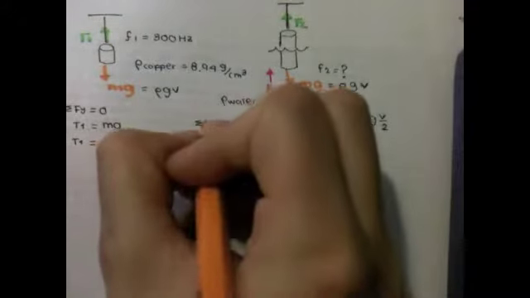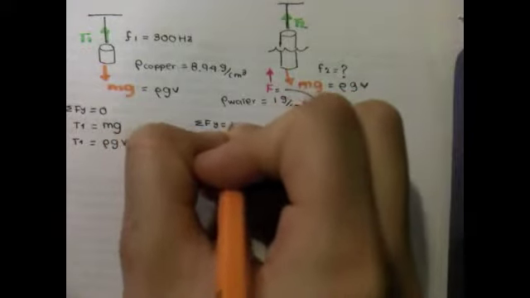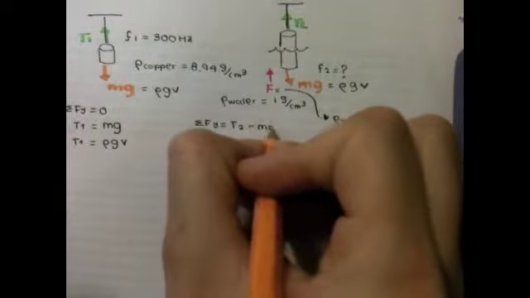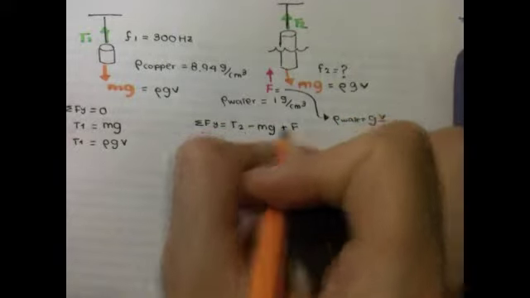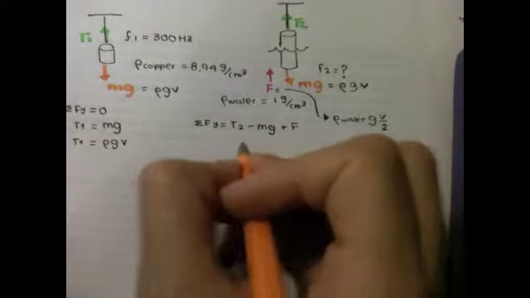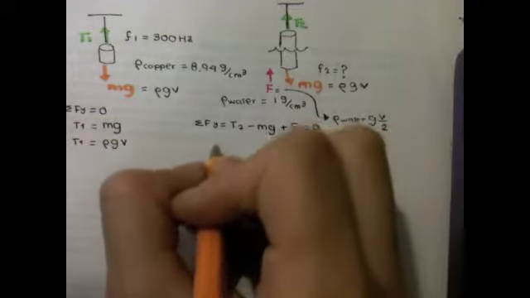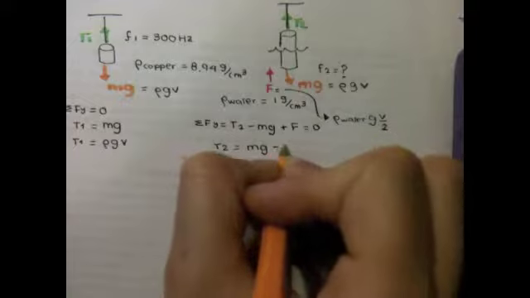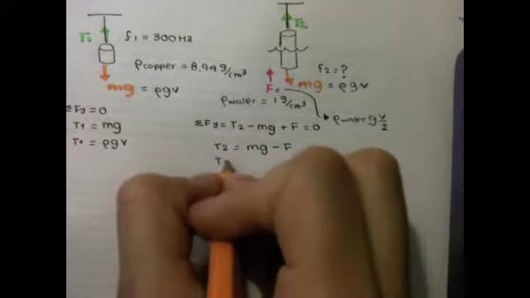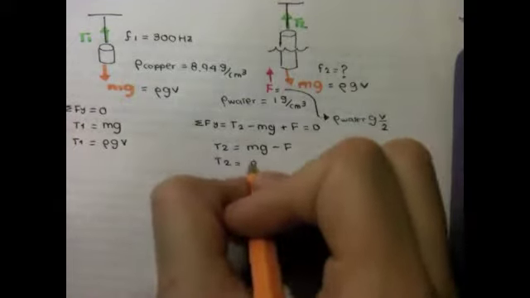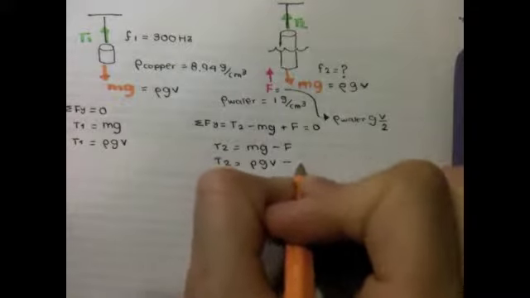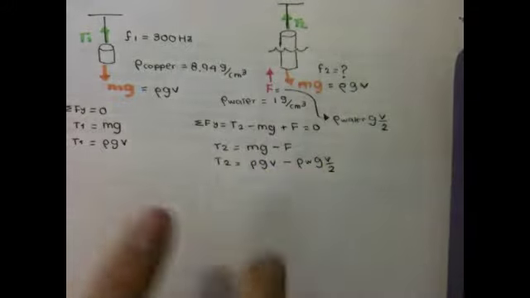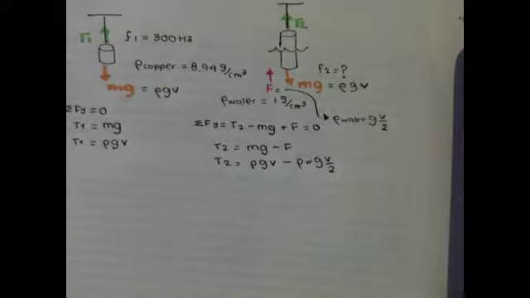In the second case, we get tension 2 minus the weight plus the buoyant force equals 0. So tension 2 is equal to this. Then we substitute, and we get these two equations.